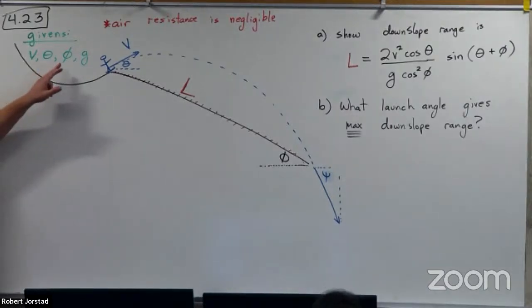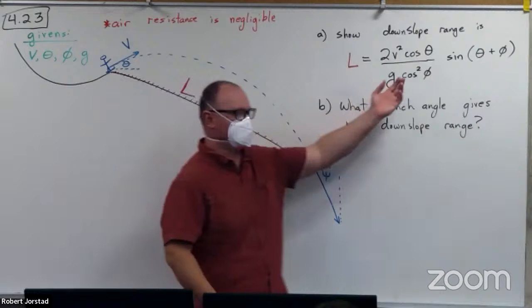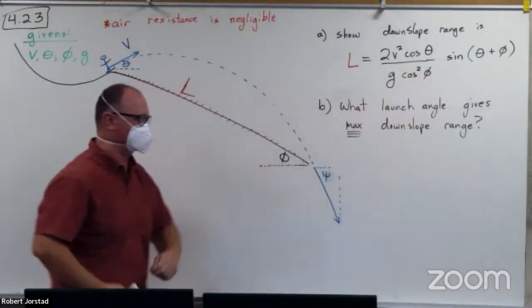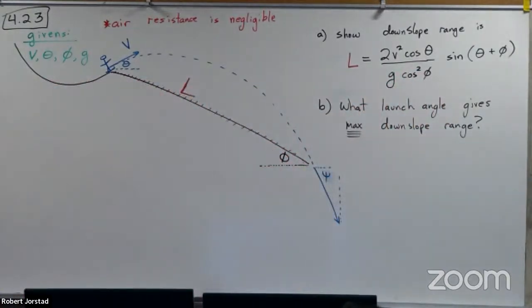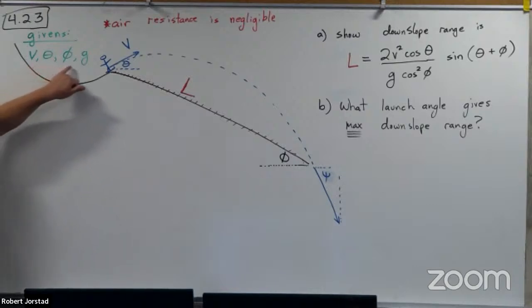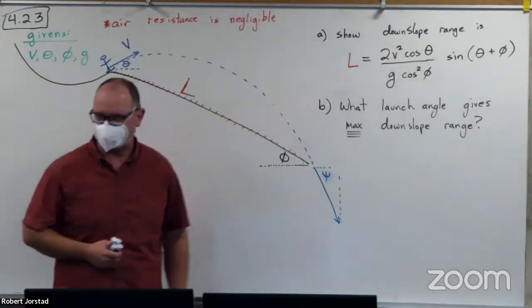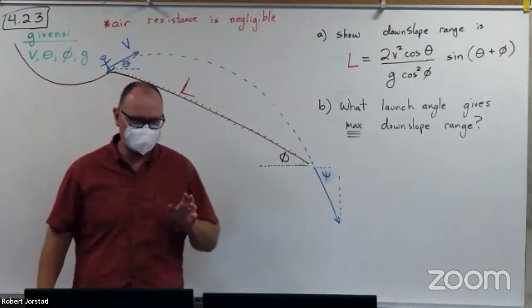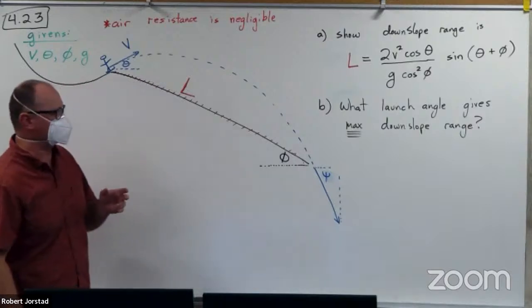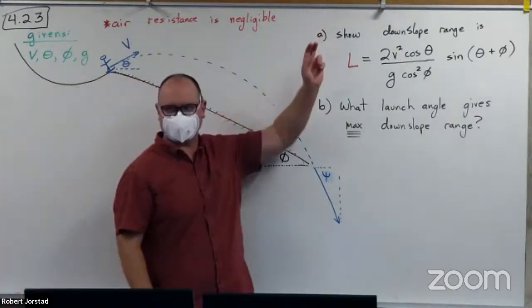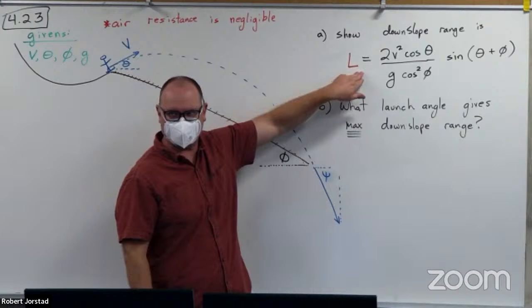Notice how critical it is to write these angles differently and be consistent. Both of them are going to show up in the answer. We've got to be very detail oriented. So the claim is, if we have a given V, theta, phi, and g, we should be able to figure out that this is true. Now, a common mistake that students make at this level is when they say, show this is true, they'll start with this equation.